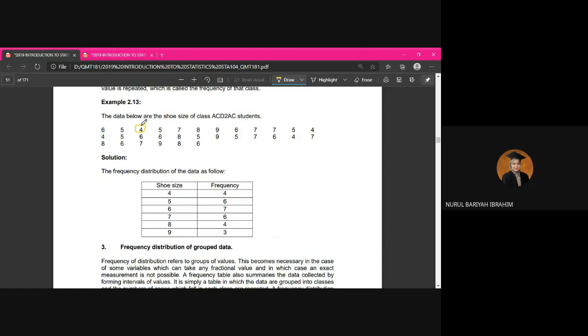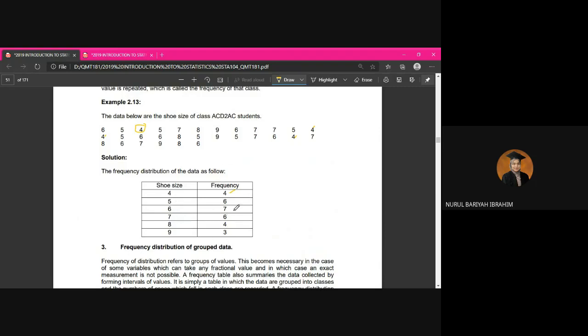Contohnya 4, 1 here, 2, right, 3 and 4, and then write down the 4 here. And then same thing when you calculate for shoe size 5, 6, 7, 8 and 9. So lastly, you will get all the number ataupun the frequency of each of the shoe size in this frequency table.